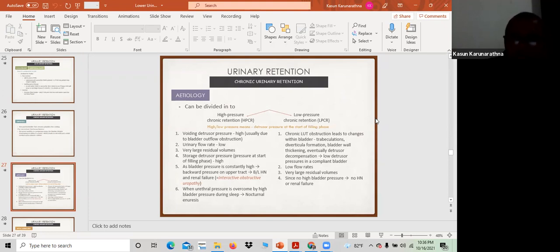chronic lower urinary tract obstruction leads to changes within the bladder: trabeculations and diverticula formation, bladder wall thickening, and eventually detrusor decompensation. Right? There will be decompensated detrusor muscles, and the bladder detrusor muscles lose their elasticity, right?